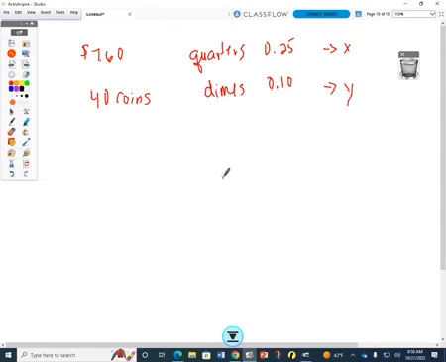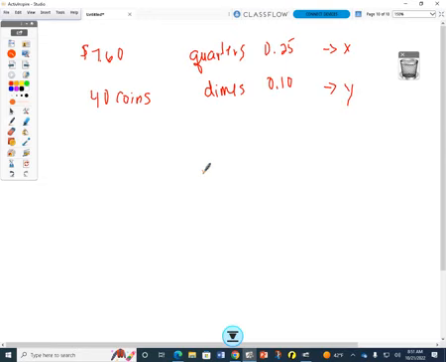All right. So if I know there are 40 coins, and I know x represents the number of quarters, and y represents the number of dimes, can anybody give me an equation that would represent the 40 coins based on our variables that we've defined?